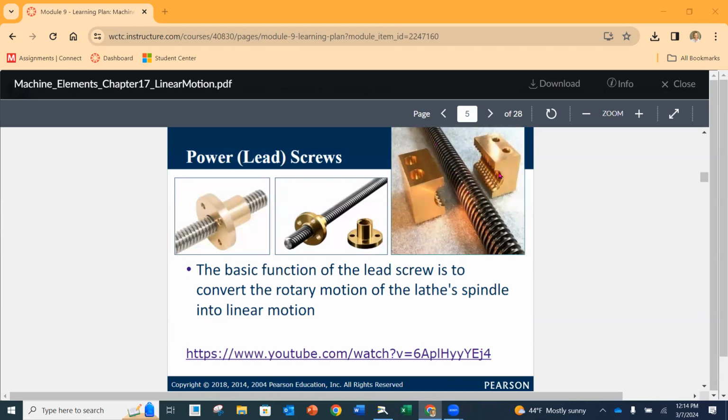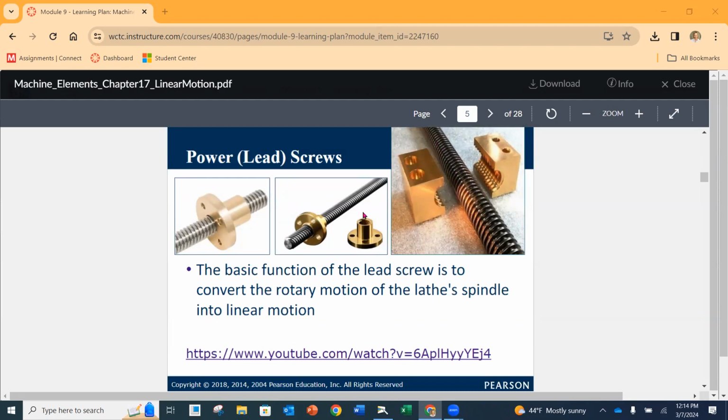But what I like about it is that when we pull these two blocks apart, you can see that the inner part is just the thread that matches the lead screw itself. So that would be like the internal thread, like the tapped hole, in what this outside block is. It's probably made out of brass. And then it just rides on the threads of the rod itself.